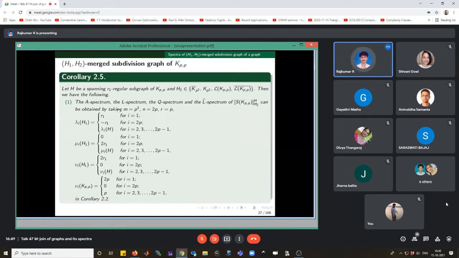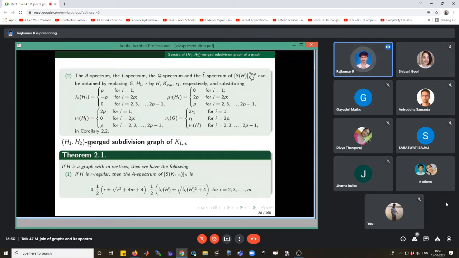Now we vary the base graph. In particular, we take complete graph, totally disconnected graph, complete bipartite graph, and we obtain the spectra of the H1 H2 merged subdivision graph. Then we take the special graphs. So these are some results. This is a corollary of the previous results.